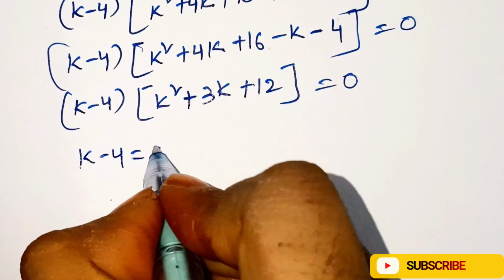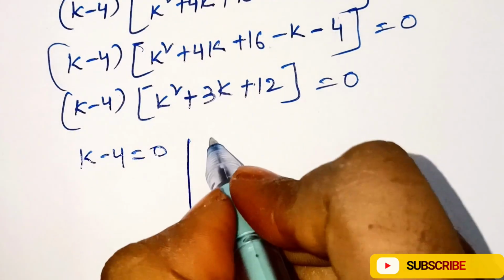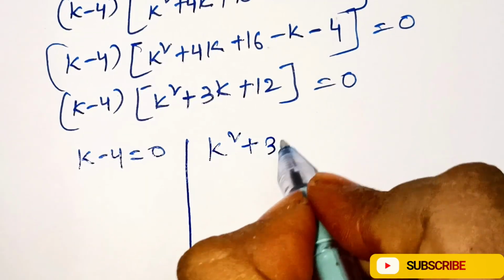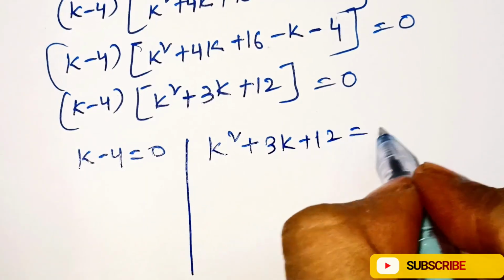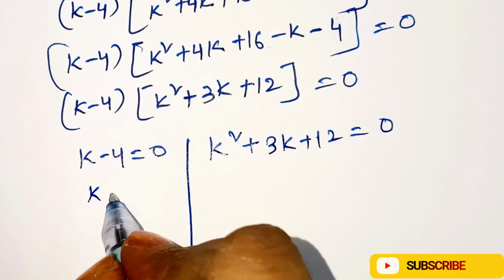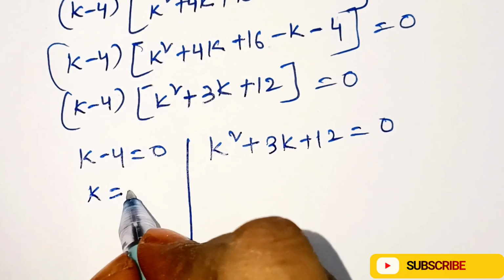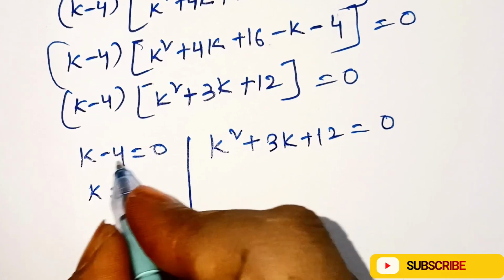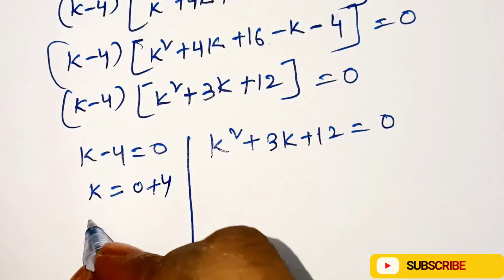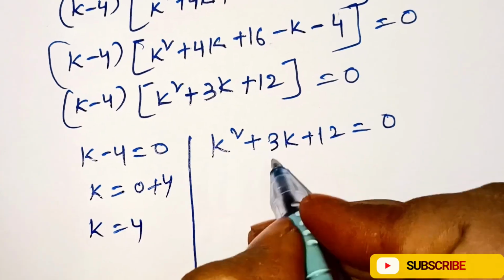k minus 4 equals 0. k square plus 3k plus 12 equals 0. k equals 0 plus 4, k equals 4.